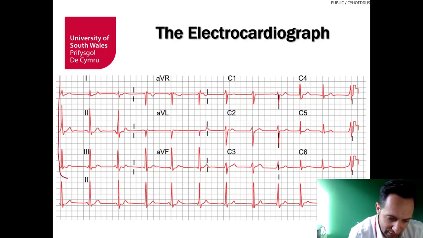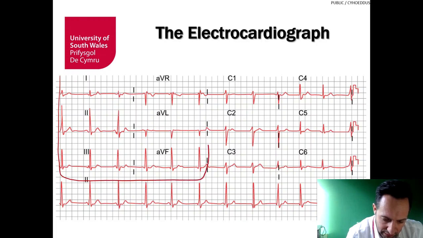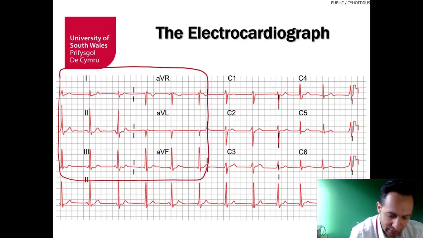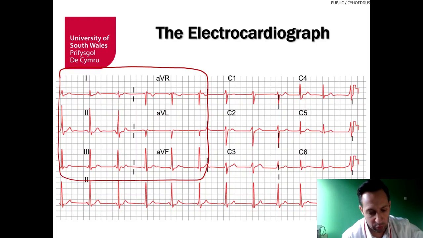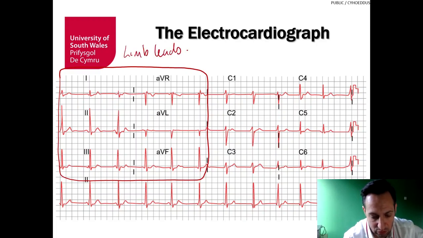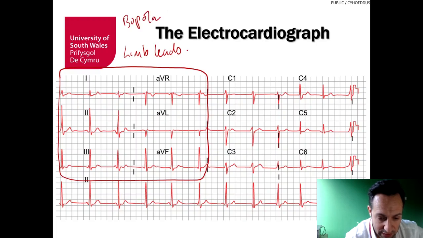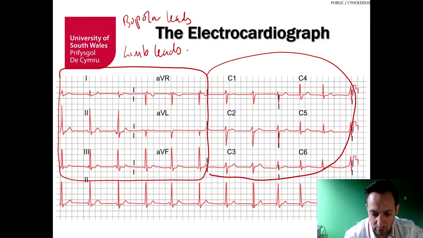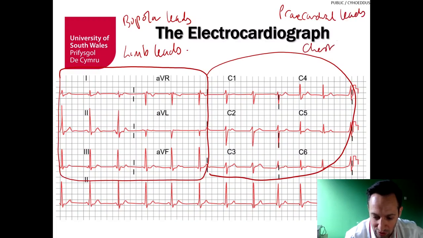What we've then got is an ECG split into two sections. So we've got limb leads, okay, or another way that we can now think about this is that we've got bipolar leads, and then over here we've got the precordial leads, or chest leads.